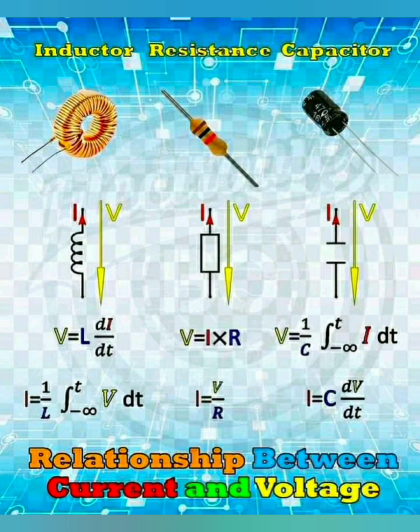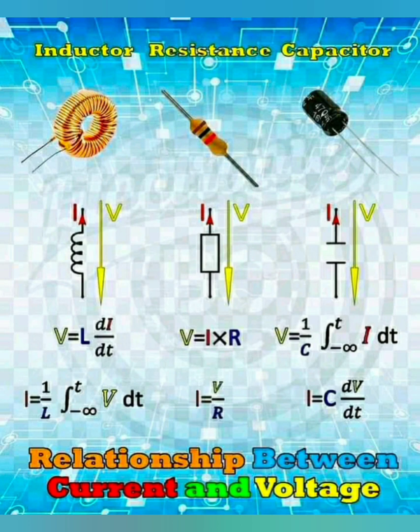So next, these are the basic formulas or relationships between the inductor, resistance, and capacitance. Inductor, in the sense, is carried by the magnetic field and opposes the current.